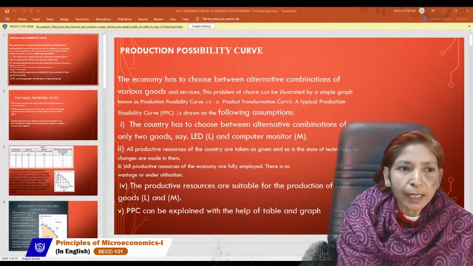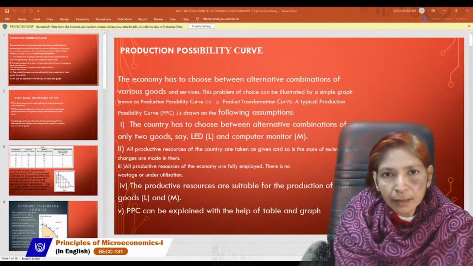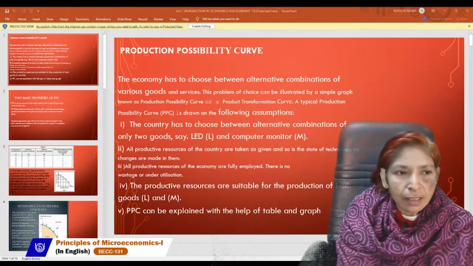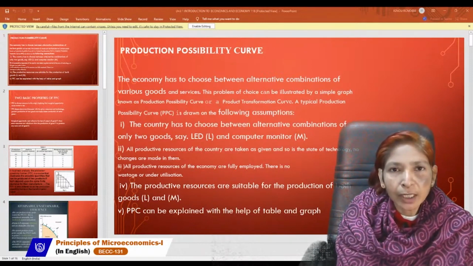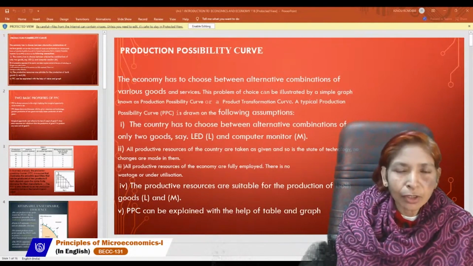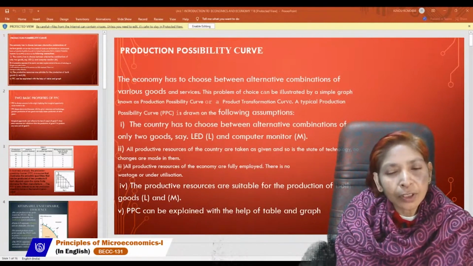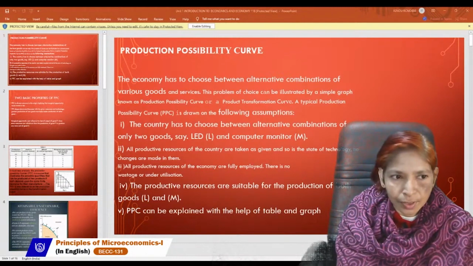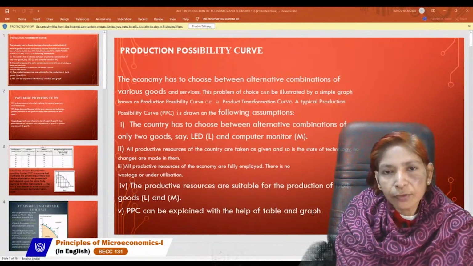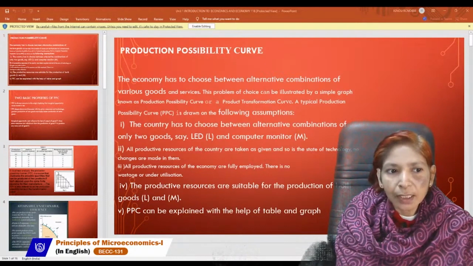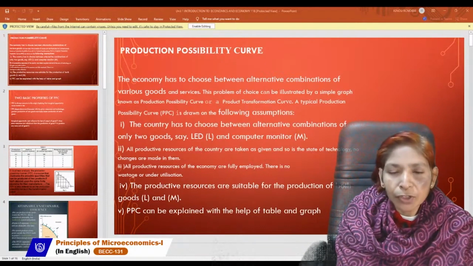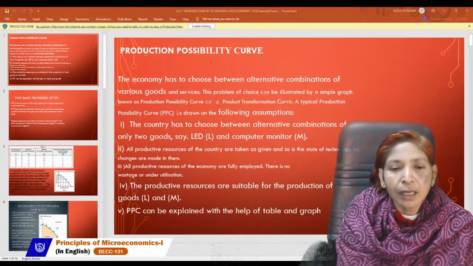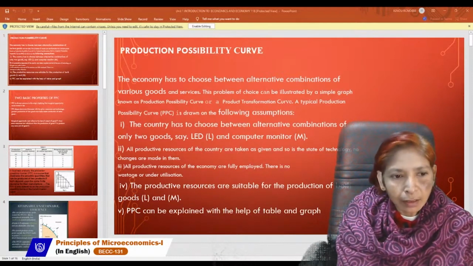We can produce at any point inside the PPC. This is considered attainable. Attainable means which can be achieved, but due to underutilization of resources, we are not fully utilizing those resources. Points A to F show efficiency and are attainable. The concave-shaped curve is the actual production possibility curve.